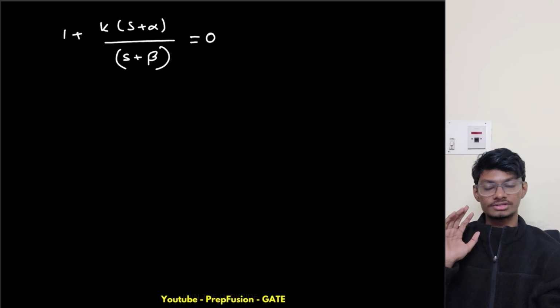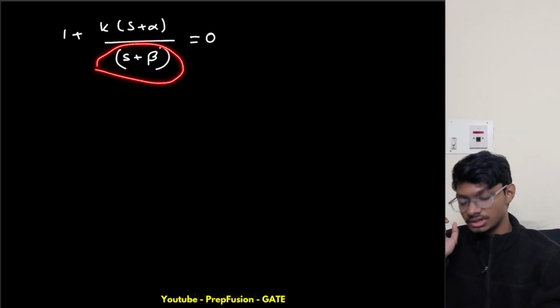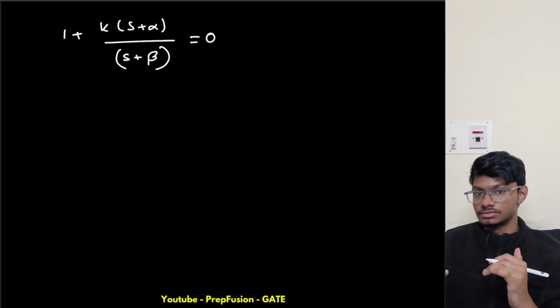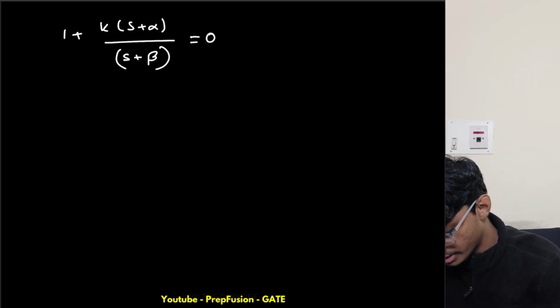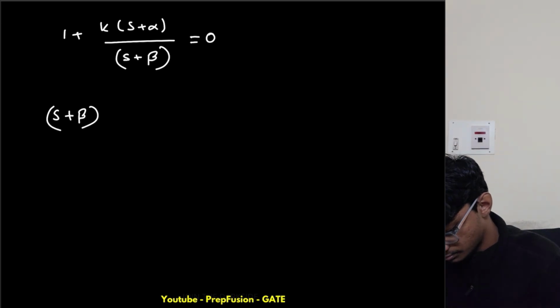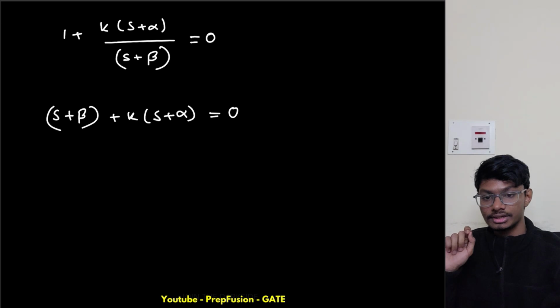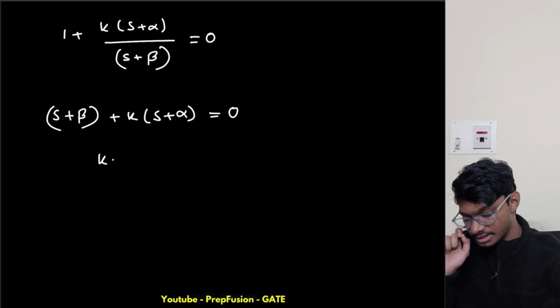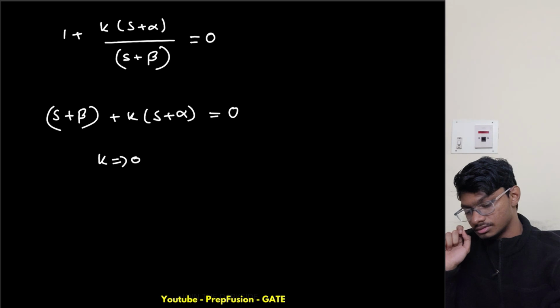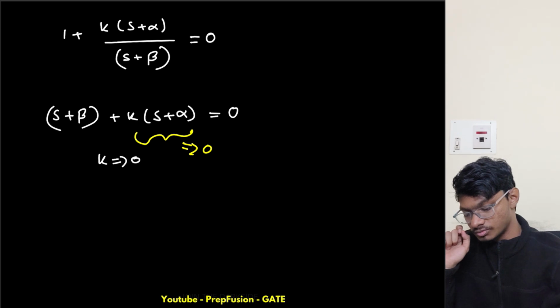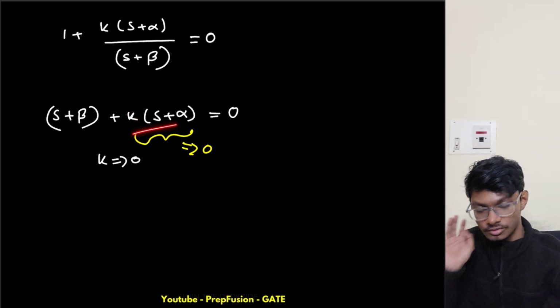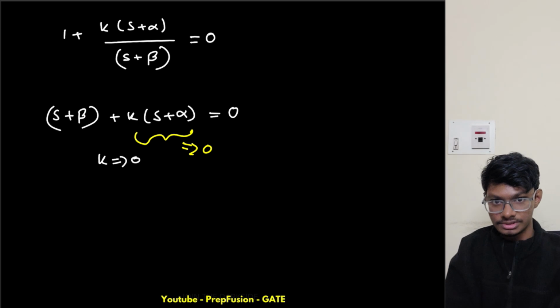So we simply cross multiply by s plus beta, then we put k equals 0. That will be much more interesting. If I cross multiply, I get (s plus beta) plus K times (s plus alpha) equals 0. Now as k tends to 0, the second term also tends to 0, because k is a very small number, but the first term will still remain.